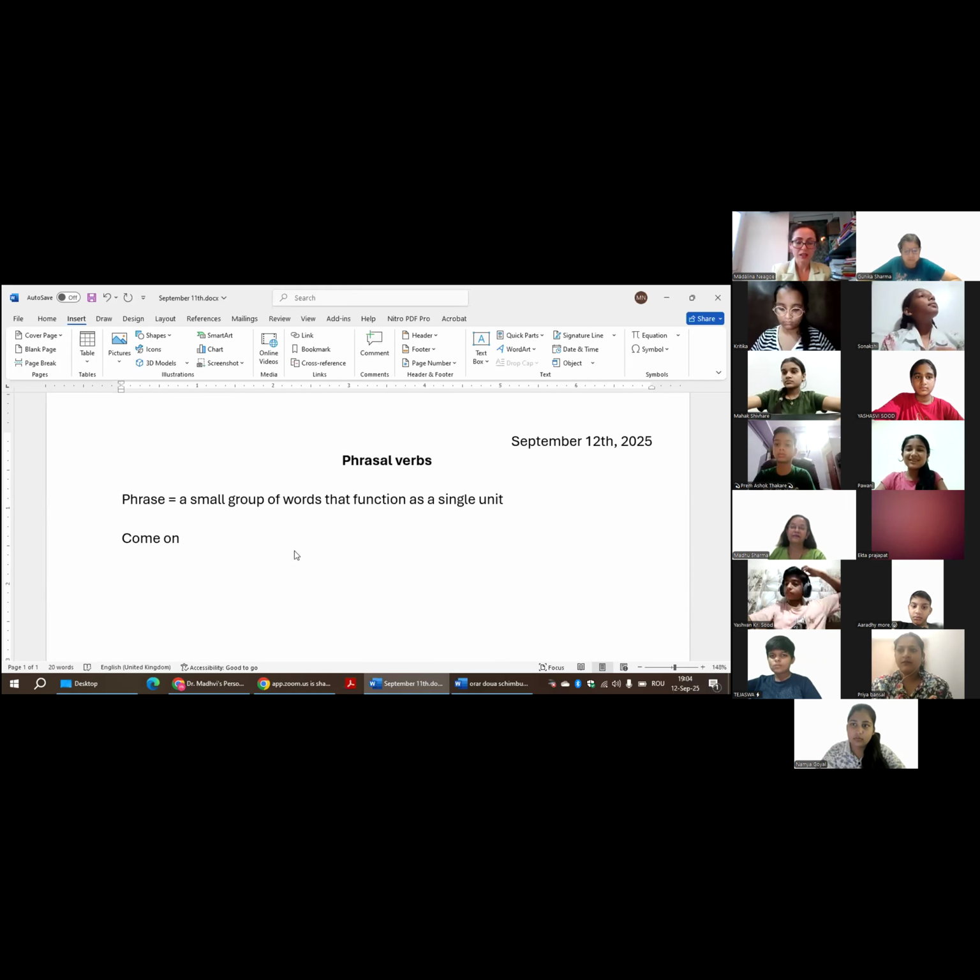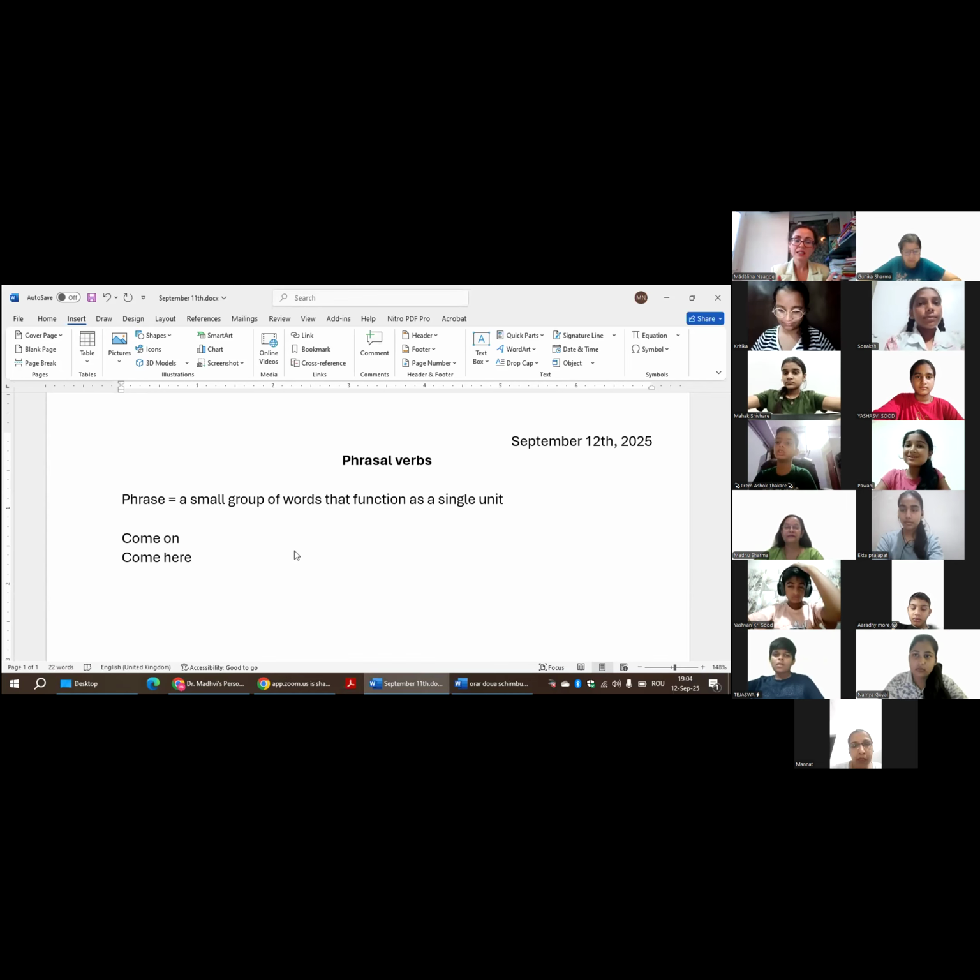But if you say, come here, then this is not a phrase per se. These function separately. Or if you say, go to school, go is a verb and to school is the object of the verb, but they do not work as a phrase in the sense of a phrasal verb.